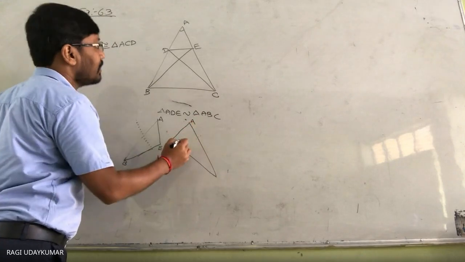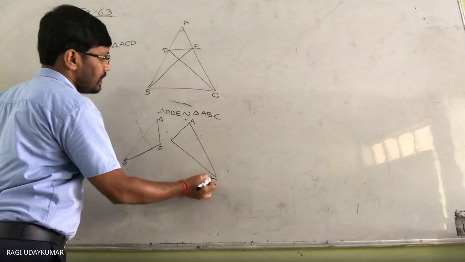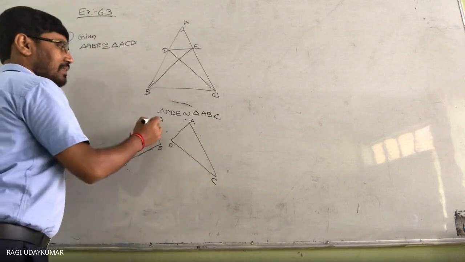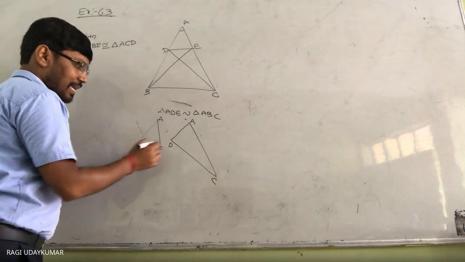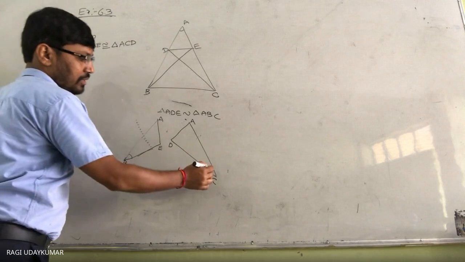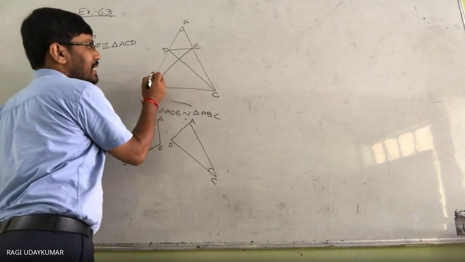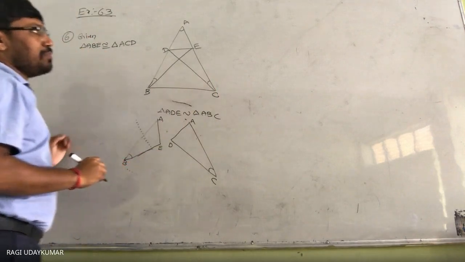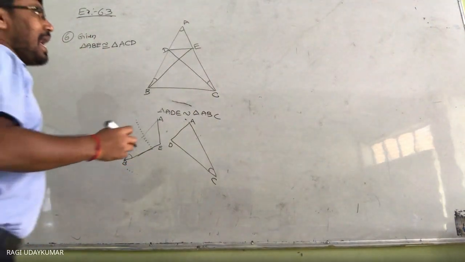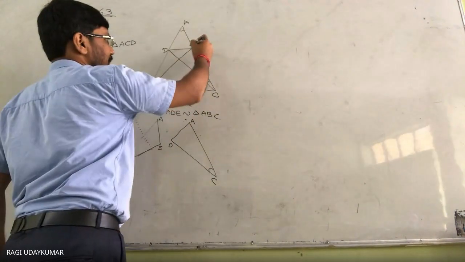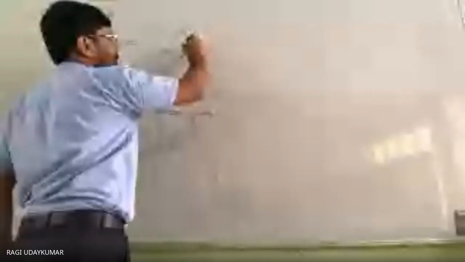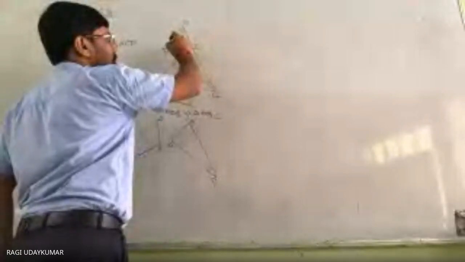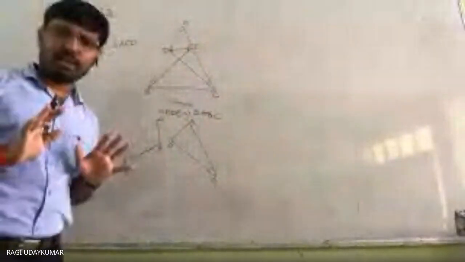This is A, C, D. Obviously this angle B will be equal to this angle C, according to the given. Angle check करना थोड़ा सा मुझे लग रहा है complicated. I can directly explain the problem.